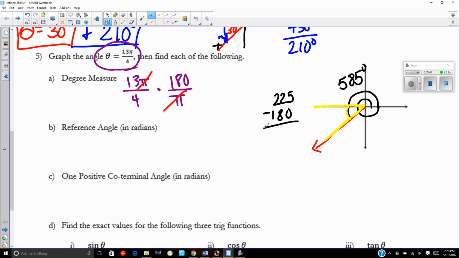There's other ways to come up with that. This angle here is 45 degrees. And notice it actually wants the reference angle in radians. So we need to convert that angle back to radians by multiplying it by pi over 180.